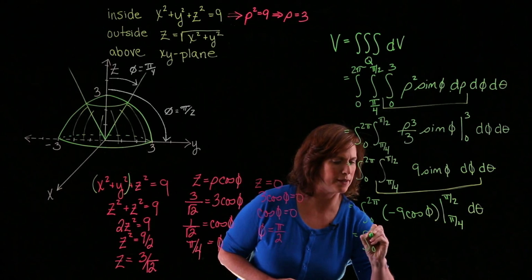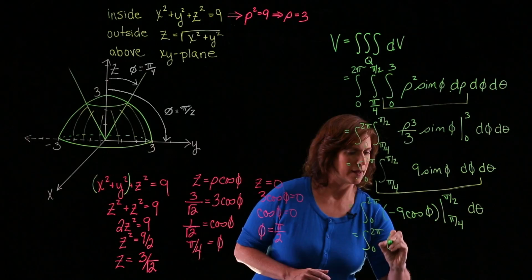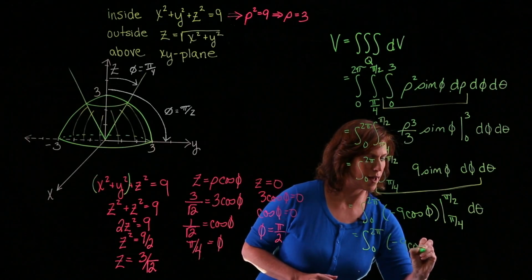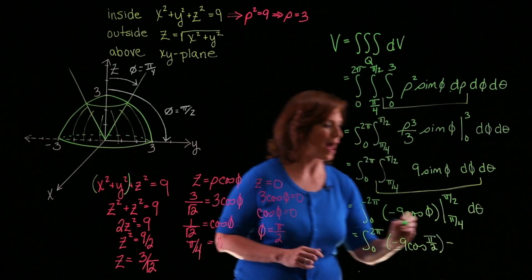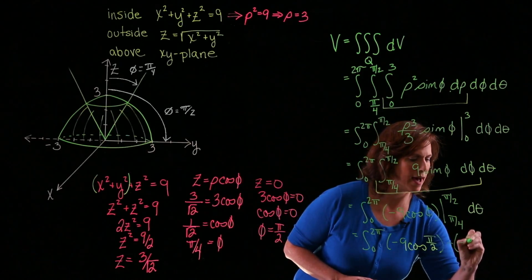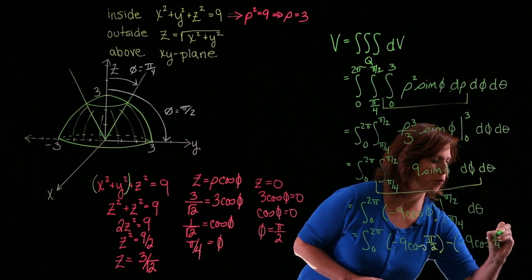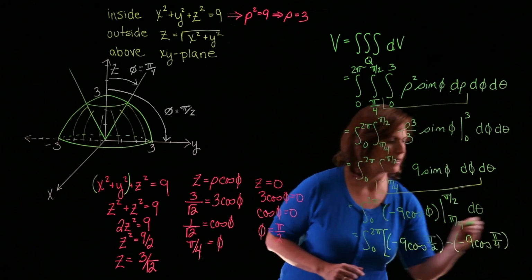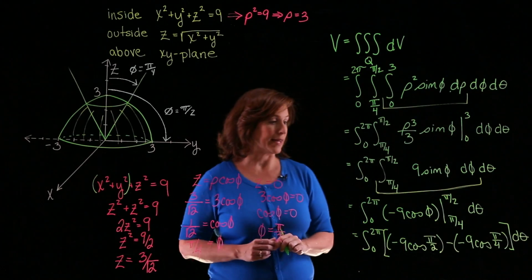Plugging in the upper limit, I'm going to have minus 9 cosine of pi over 2, and then I need to subtract a minus 9 cosine of pi over 4. And I still need to do an integration with respect to theta.